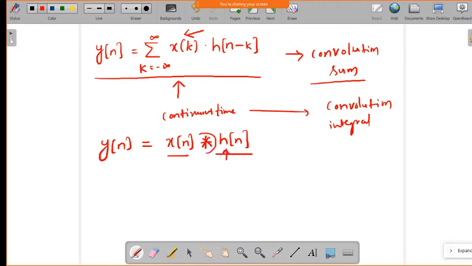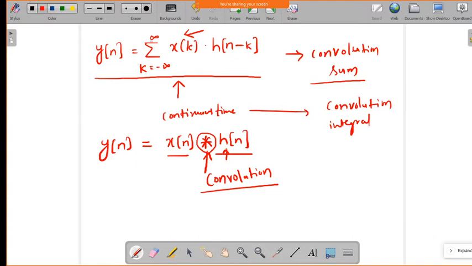So, this star denotes the symbol of convolution. In terms of the equation, the convolution is x of k into h of n minus k, where k varies from minus infinity to plus infinity.